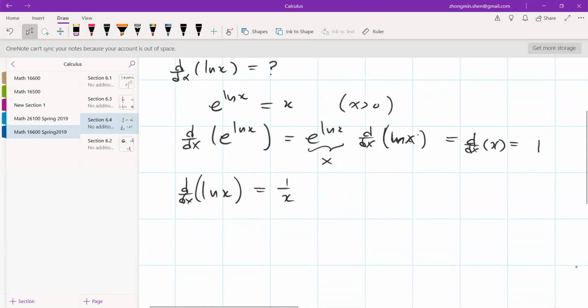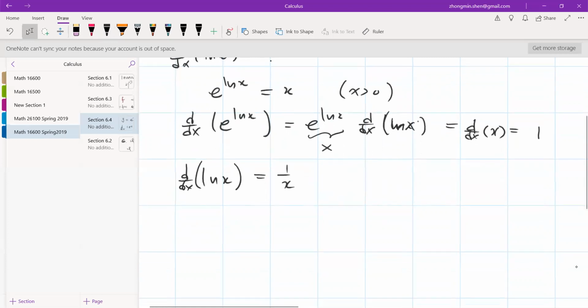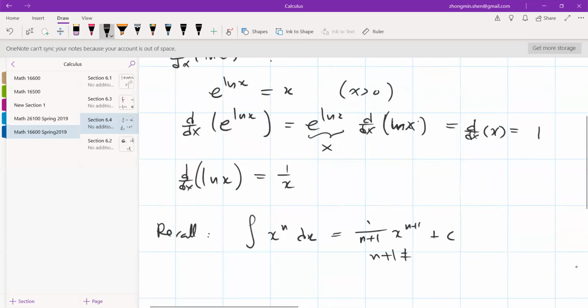All right, what can we see from here? Recall that if you find the antiderivative in Calculus 1, you know that the integral of x to the n is x to the n plus 1 over n plus 1. But this is true for n plus 1 not equal to 0.